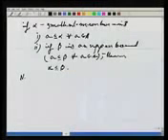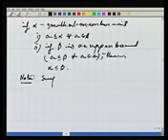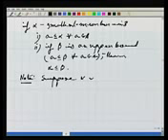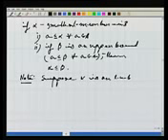Right? Now let's make an observation. Suppose alpha is an LUB, and I look at alpha minus 1.